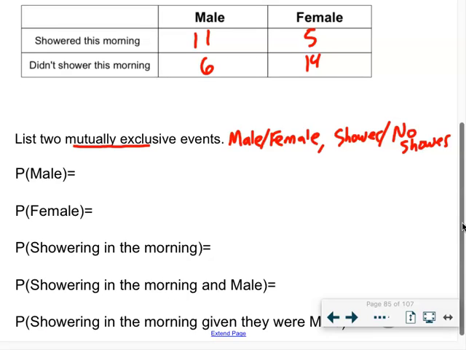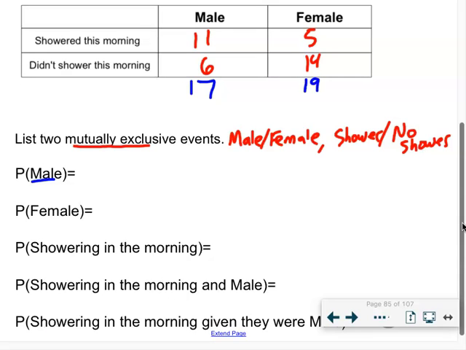Okay? So here's how probabilities in a two-way table are going to work. The probability that we pick somebody randomly and they are a male, well, here's what we've got to do first. After you have the numbers in there, 11, 5, 6, 14, what we want to do is start to get some totals. Because if I add things down, 11 plus 6 is 17, 5 plus 14 is 19.